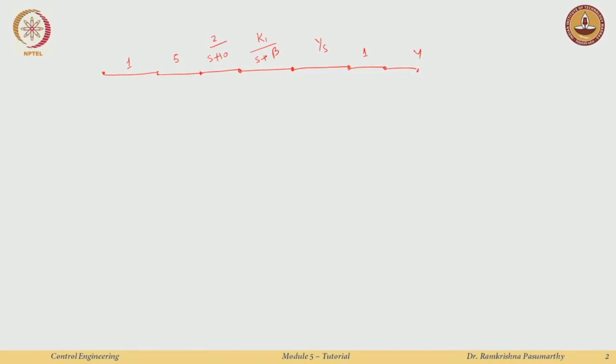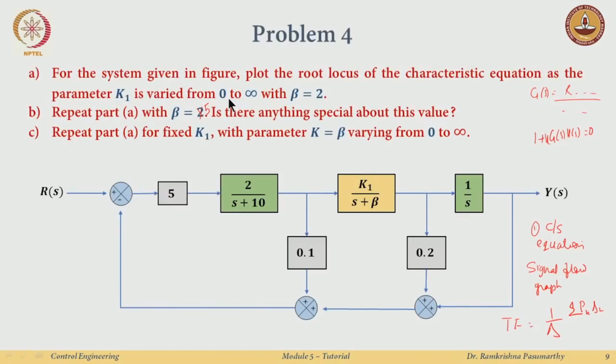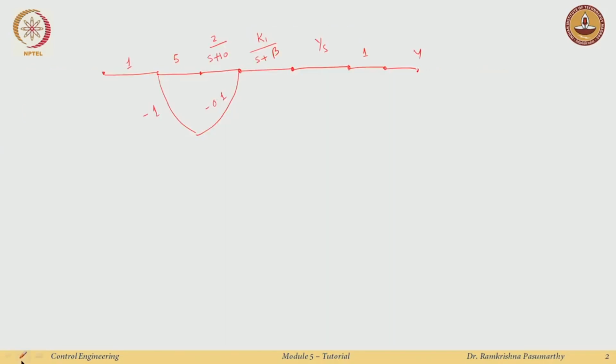So, what happens after all this? After this I have a loop of -1. From here till here I have a gain of 0.1. This is plus or minus, okay, it is plus. Okay. Then later I had s plus s over beta, I had a 0.2 here, and here I have 1, and here I had 1, right.